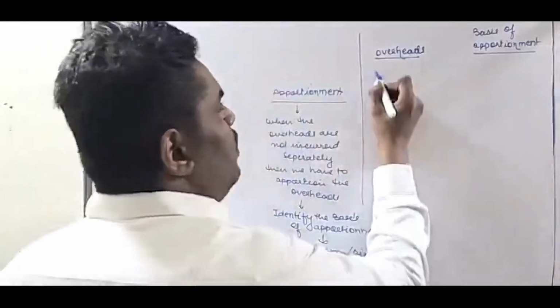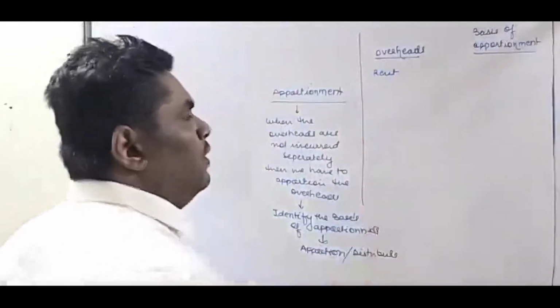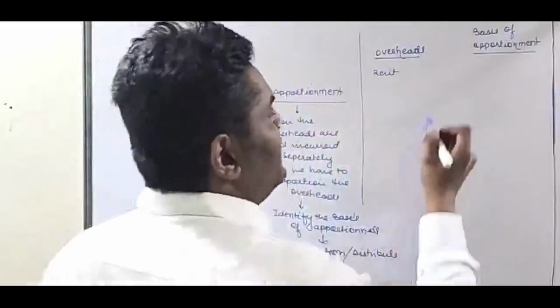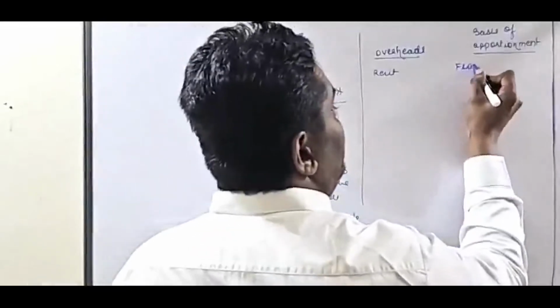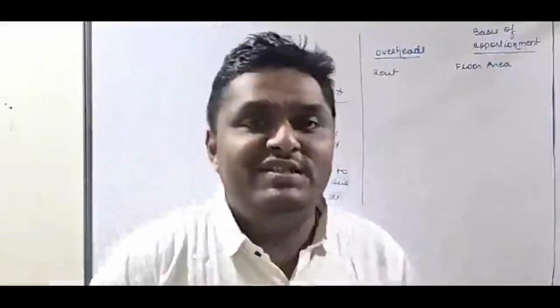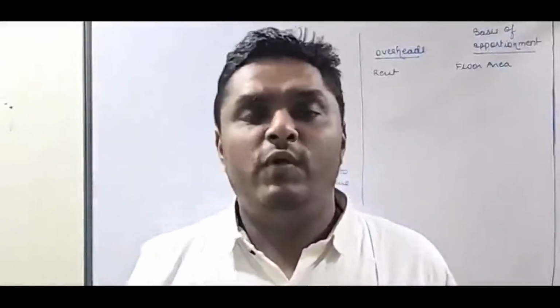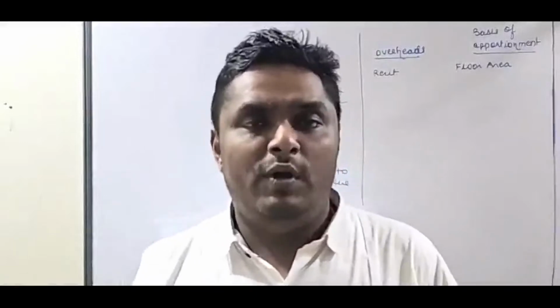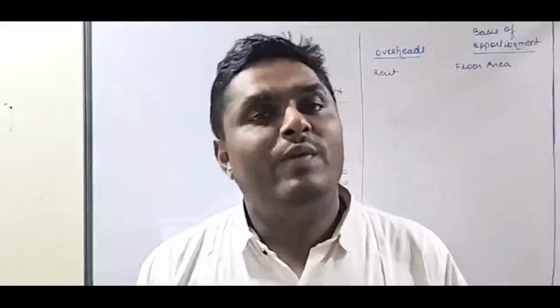So let's say when talking about rent, what can be the basis of apportionment of rent? Very simple. We can say floor area. So rent is generally distributed on the basis of floor area. Let's say I have a manufacturer of mobile phones and laptops, and my total rent is 1 lakh.